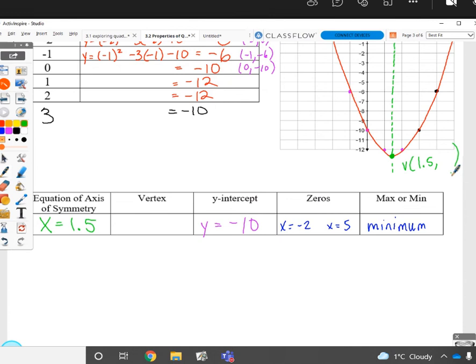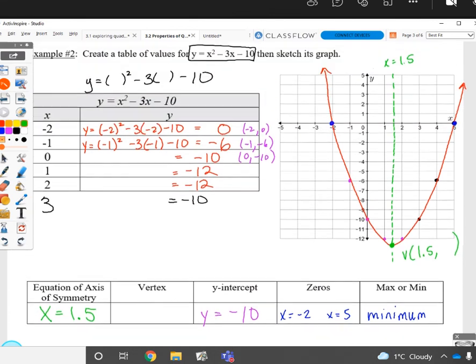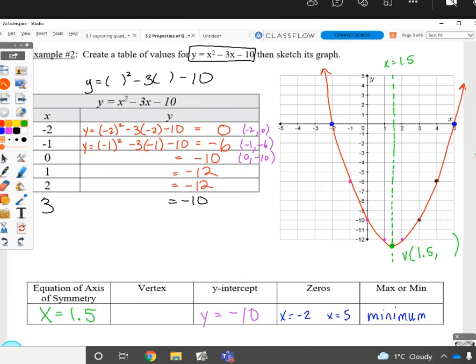If we grab this quadratic, y equals x squared minus 3x minus 10, and we substitute the x value of 1.5, we will get the y value when x equals 1.5, which will be the other half of our vertex.